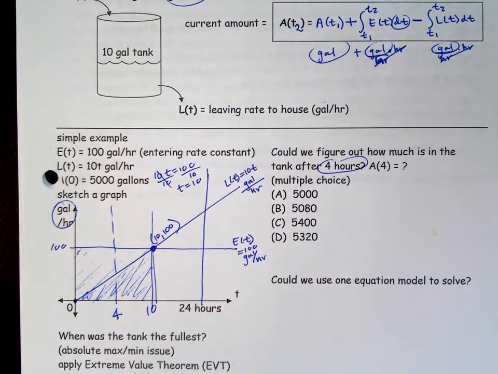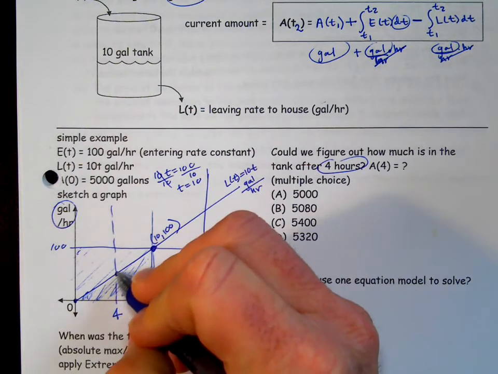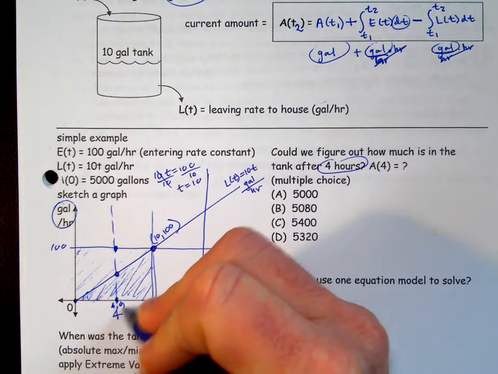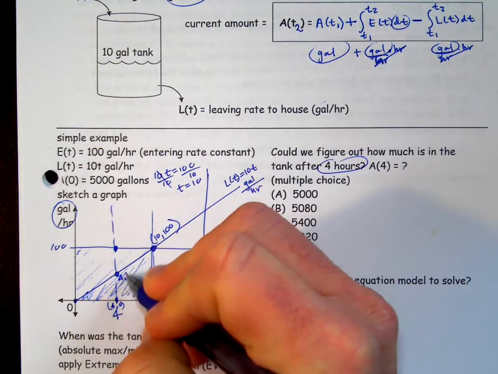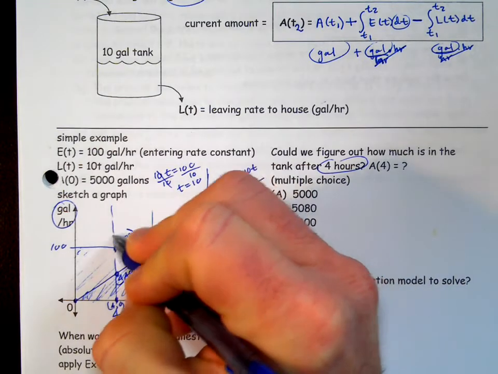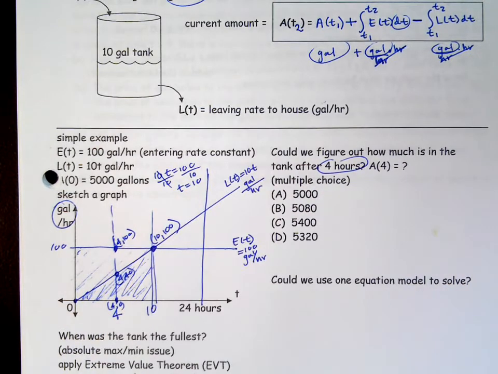And so what we could do, what are these coordinates of these points? This is 4,0. This is 4,40. This is 10,100. Those values might help us find some things.